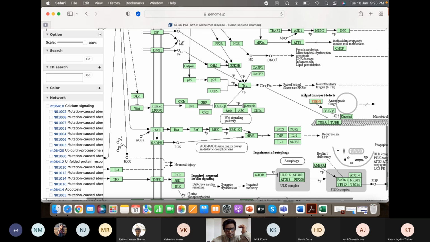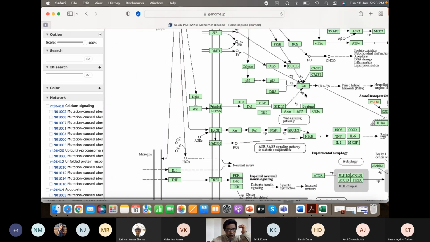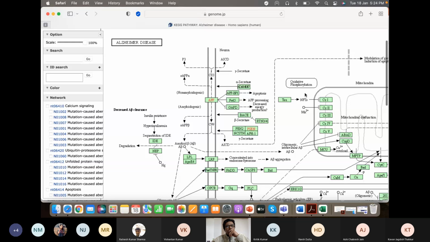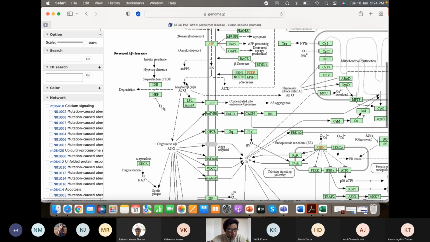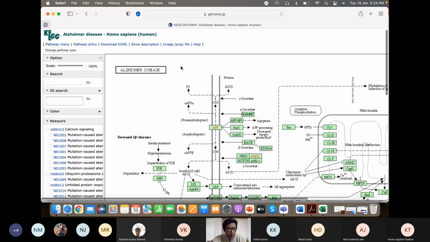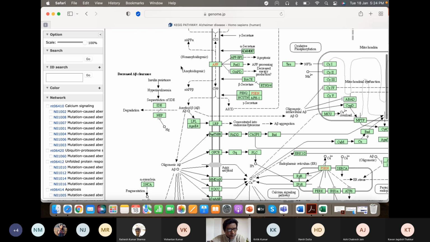Also, there is, not coming up here because sometimes they update the way it looks. So there should be another which is the main pathway. And that is not coming up here. So I don't know.